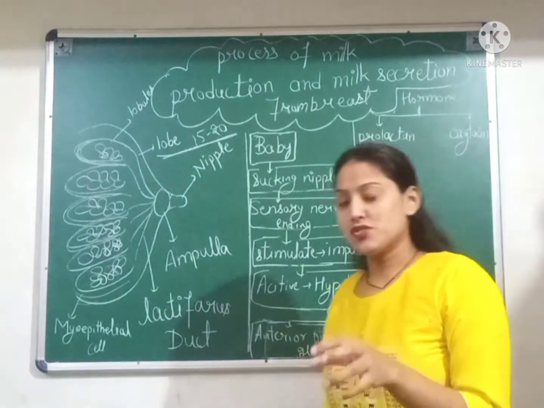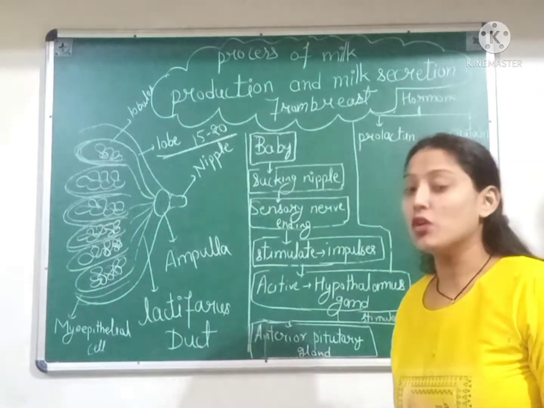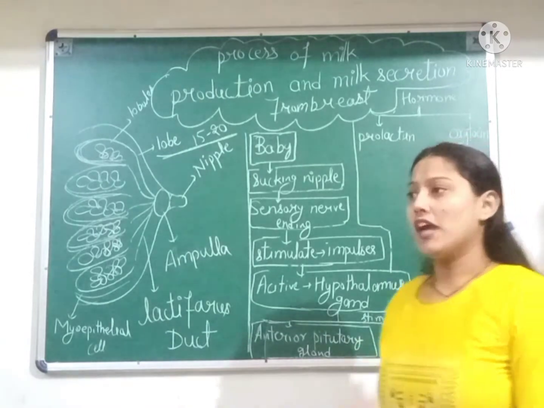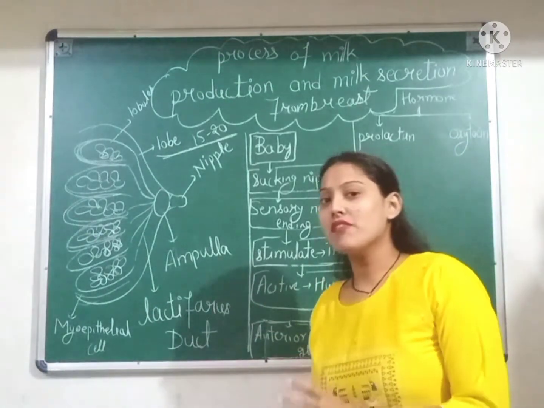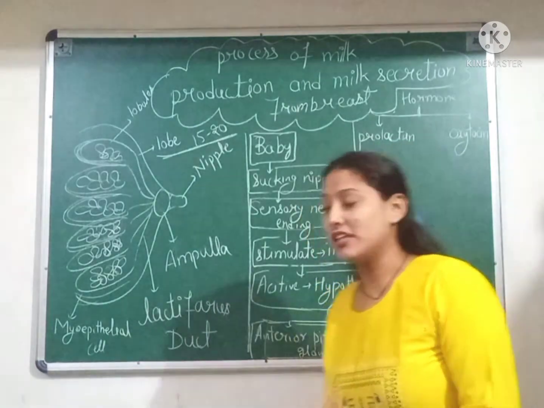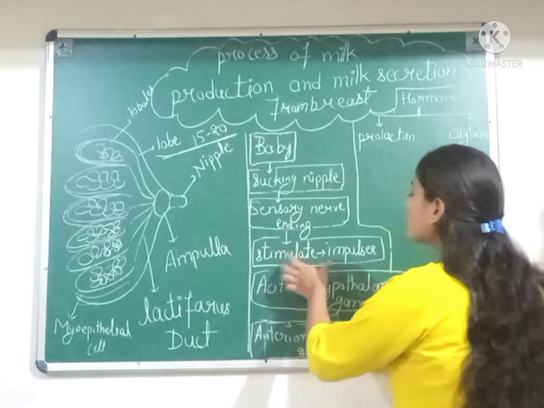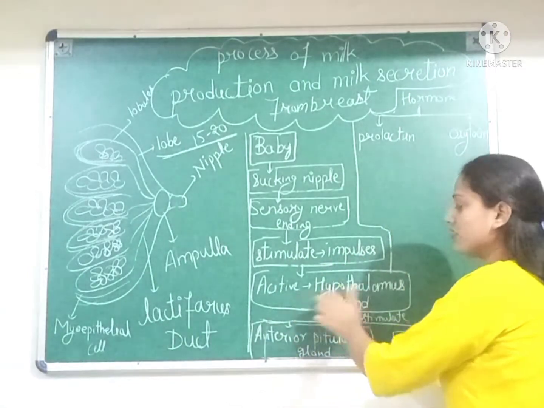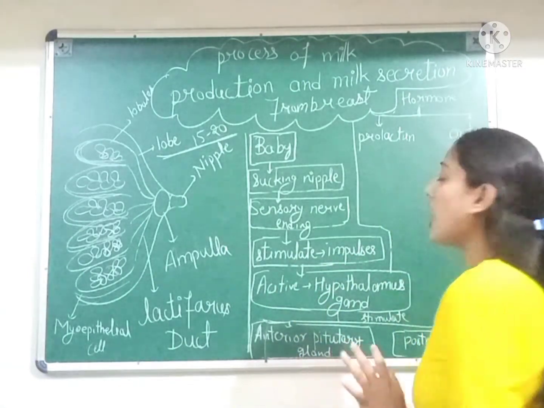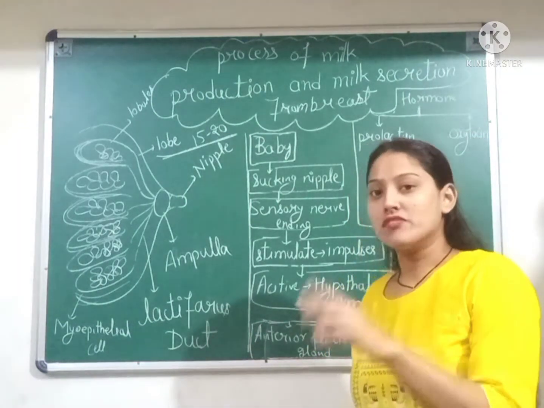If you are a medical student, I hope you already know about glands. In our body there are lots of glands present, and they are responsible for lots of work that we do in day-to-day life. So here the impulses activate the hypothalamus gland, which is present at the base of the brain.